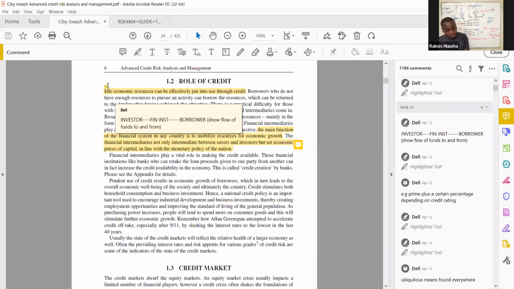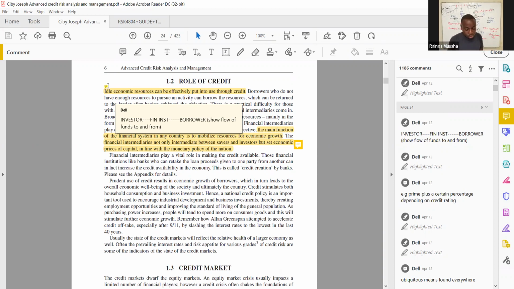The investor is the one who has idle economic resources, because they say, I have 1,000 rand and I have no use for it today. So instead of putting this money under the mattress, let me put it into the bank, the financial institution, so that the bank is able to make effective use of this 1,000 rand, while I don't need to use it.